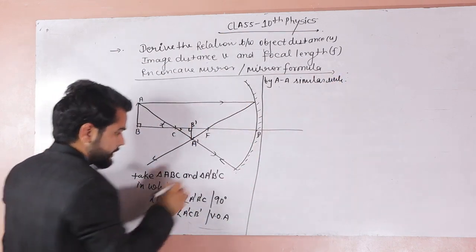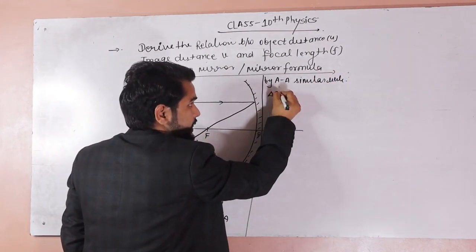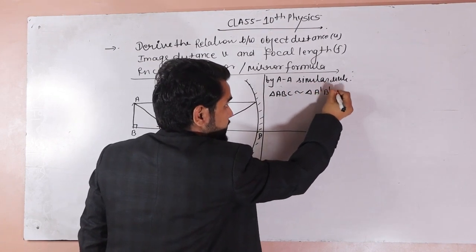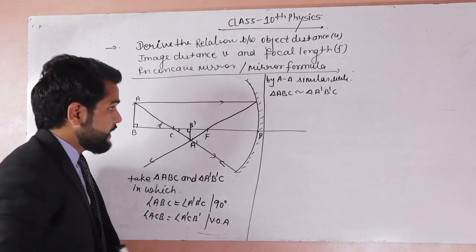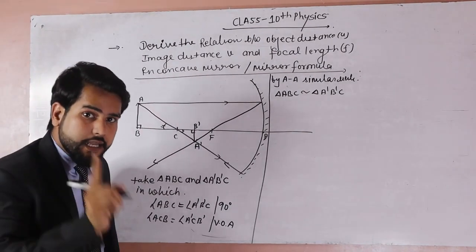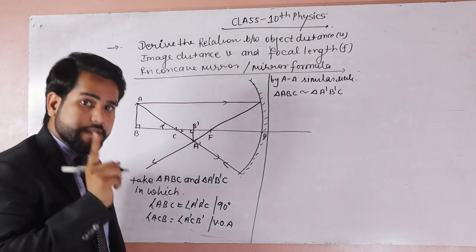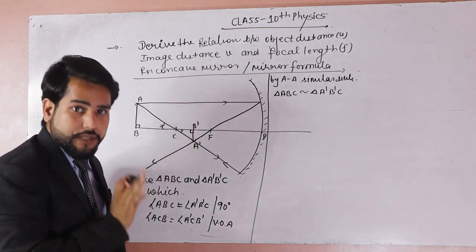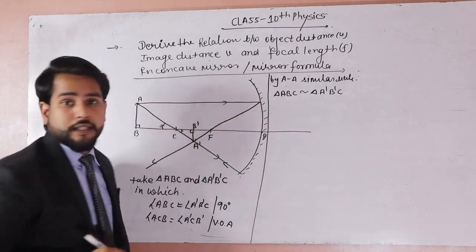triangle ABC is similar to triangle A dash B dash C. In similar triangles, the corresponding sides are in the same ratio. If two triangles are similar, then their corresponding sides are in the same ratio; this is the conclusion of this theory.